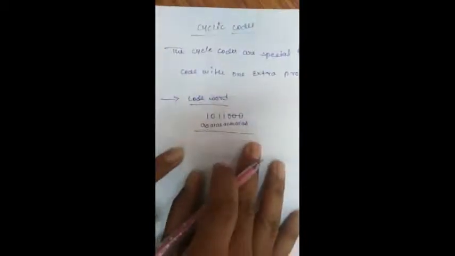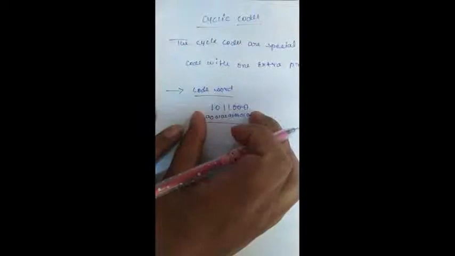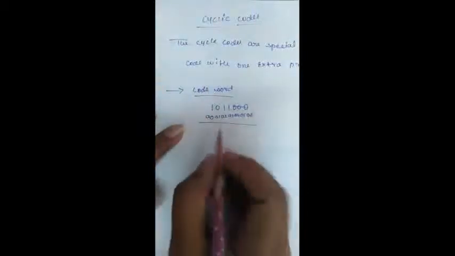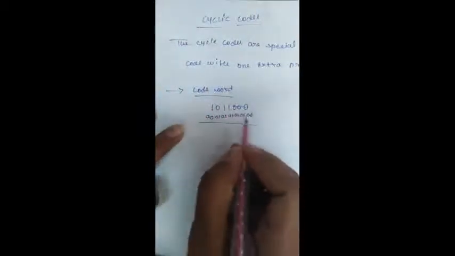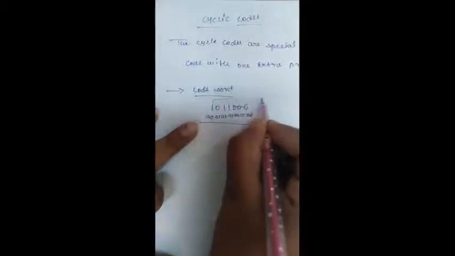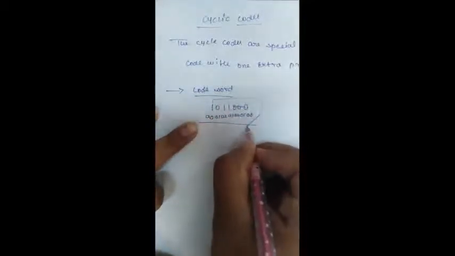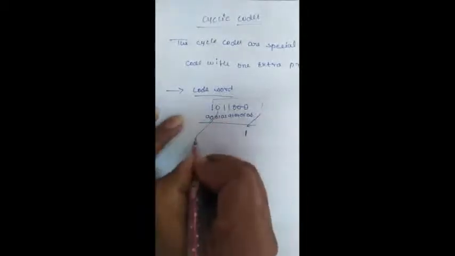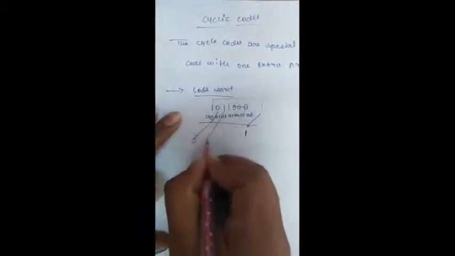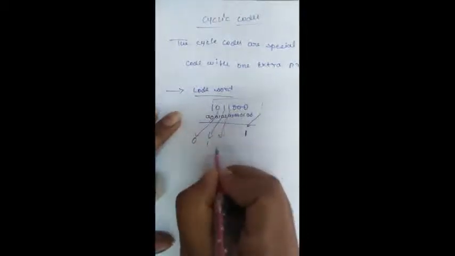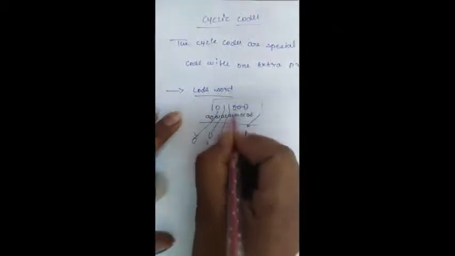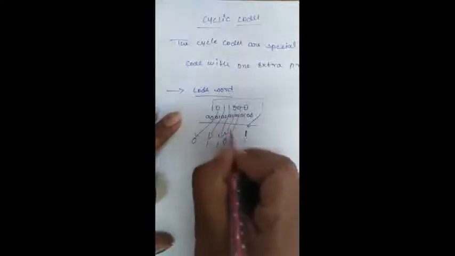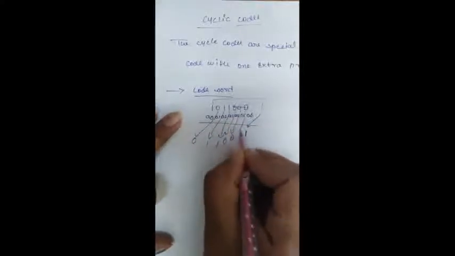In a cyclic code, whatever code word I take, I left shift it, and the shifted bit goes to the last position. So first I take 0, then 1, then 1, then 0, then 0, then 0.